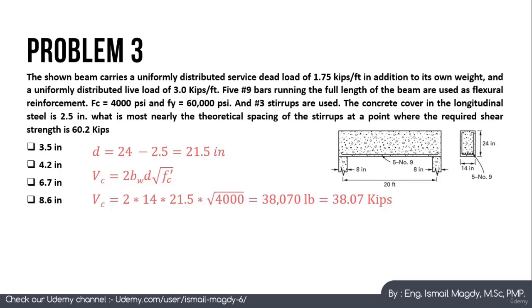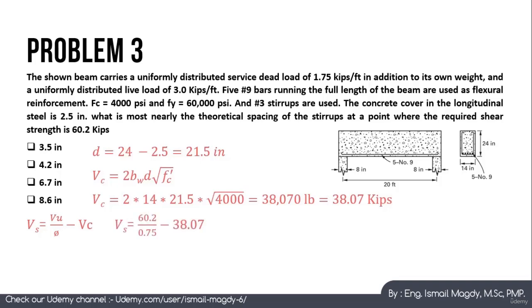So now we have Vc, which is the shear strength of the concrete itself, but we know that the required shear strength is 60.2. This means that the concrete itself is not capable of withstanding the shear force without additional steel. So now we know that we have to get additional steel. To calculate the additional steel required for shear, we can use this equation: Vs equals Vu over phi minus Vc.